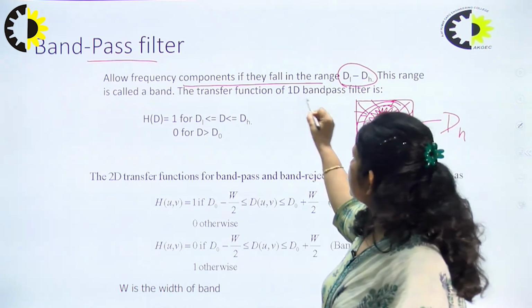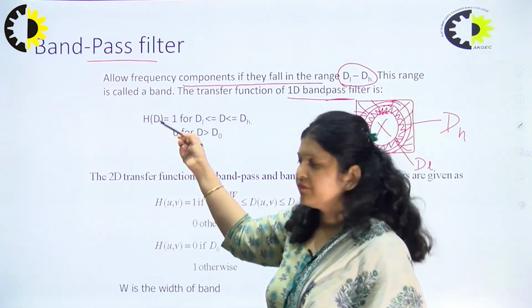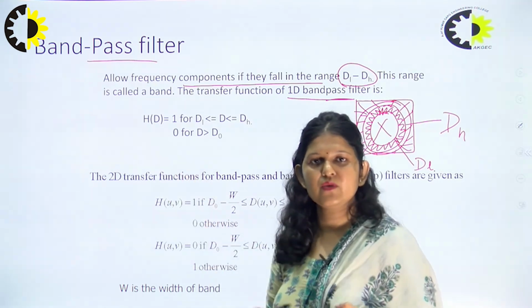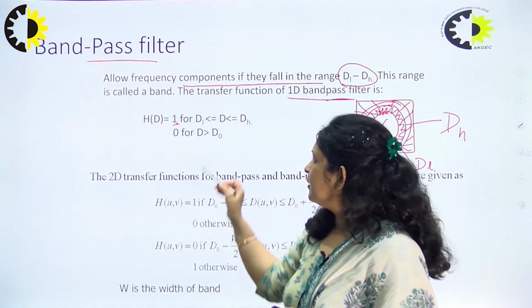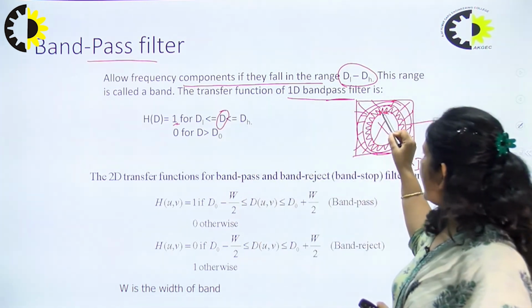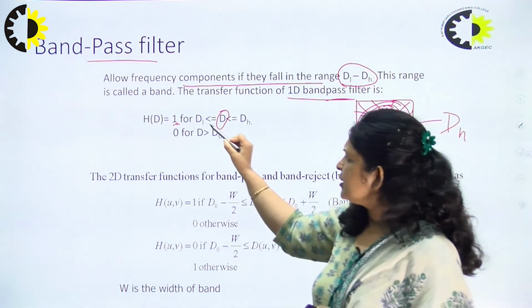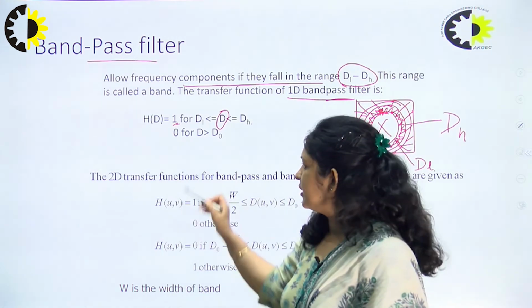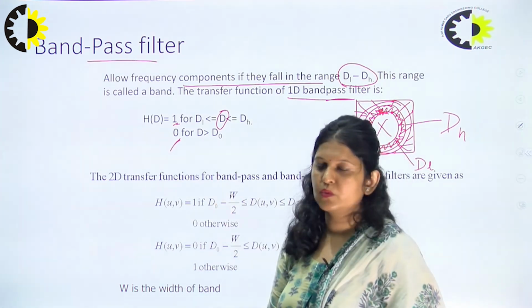So the transfer function of a 1D band pass filter would be H of D. We know the mask value takes value 0 to 1, na? So we will take its value 1 if my D is within this band, anywhere between D L and D H, and for any other value it would be 0.